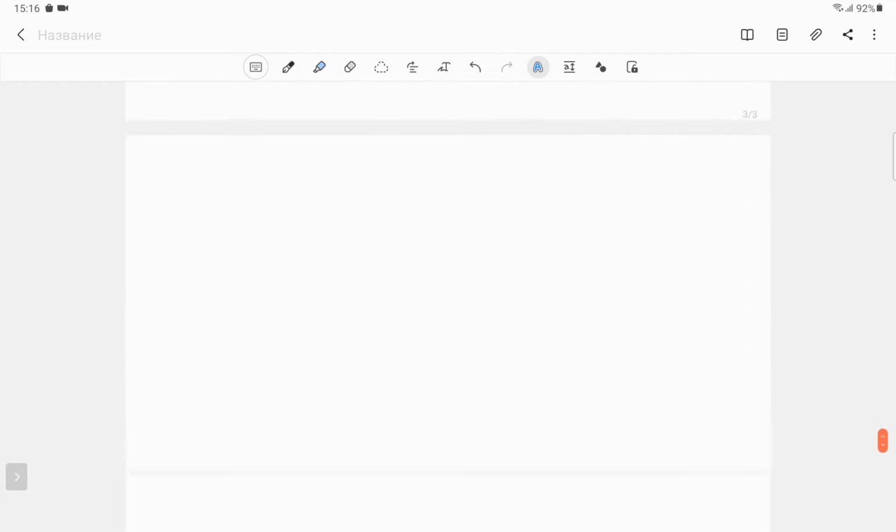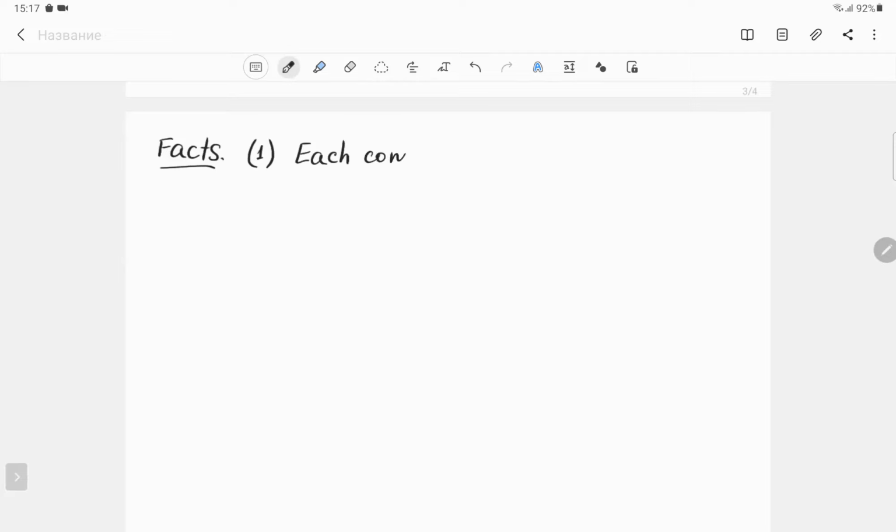Okay, how about other standard examples of C-star algebras? Here I can only formulate some facts without proofs. First of all, it's a deep theorem by Takesaki that each commutative C-star algebra is nuclear. Each commutative C-star algebra is nuclear.